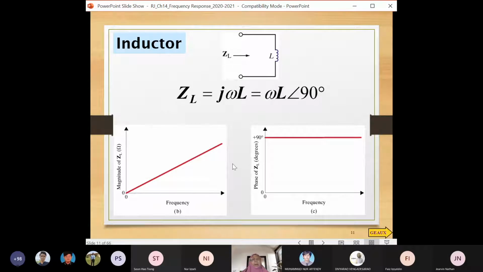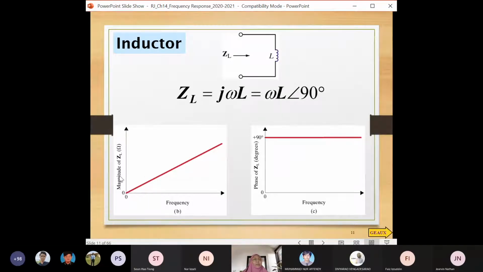When you plot the magnitude of impedance against changing frequency, there will be a phase angle of 90 degrees for this inductor, and the magnitude of the impedance will become higher with increasing frequency.